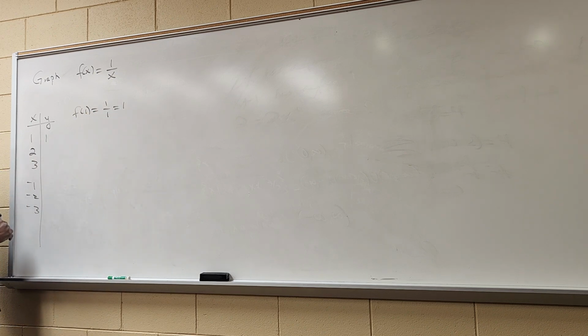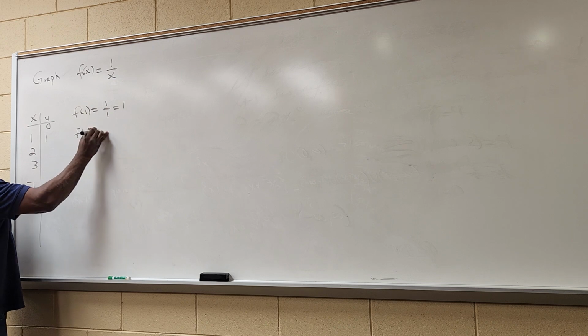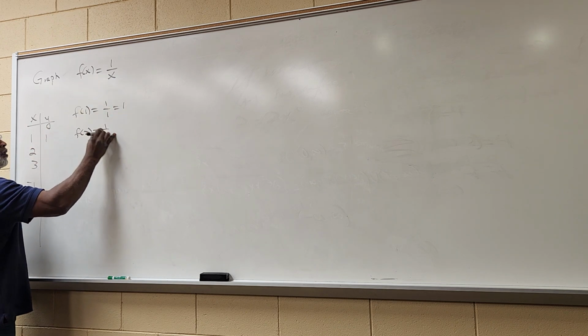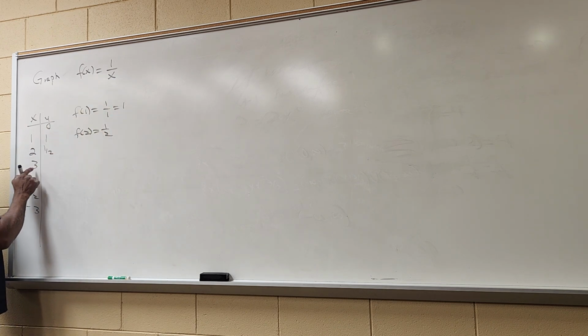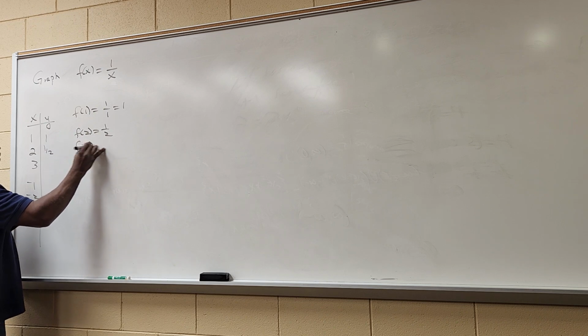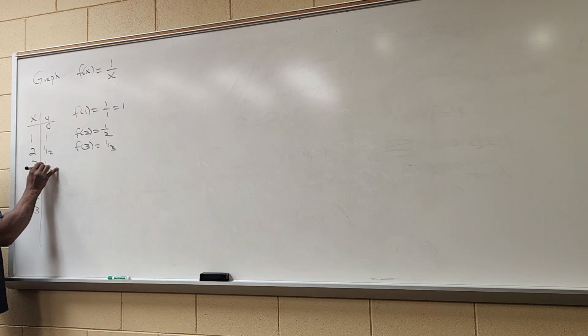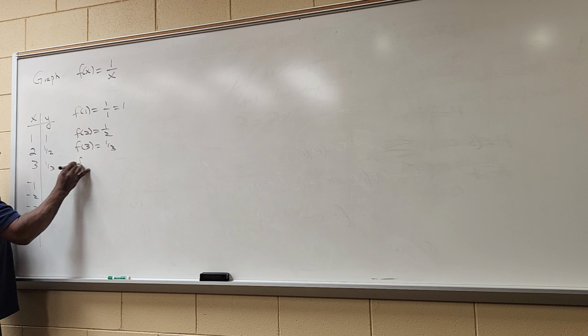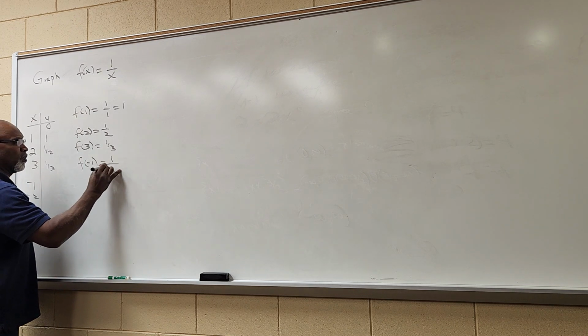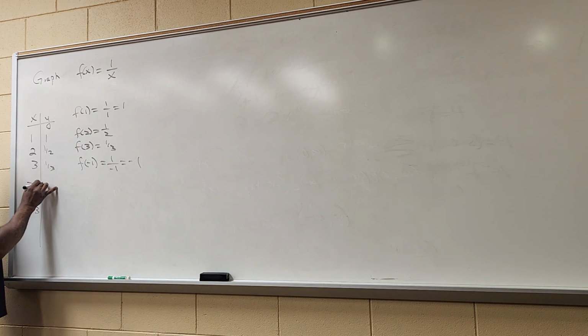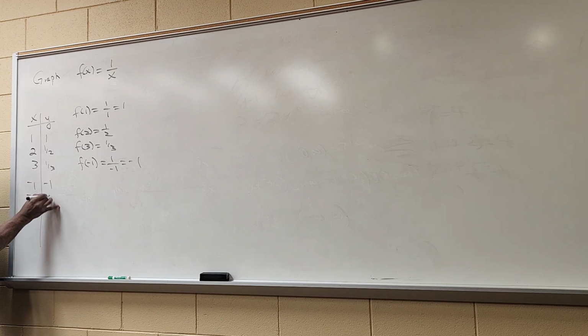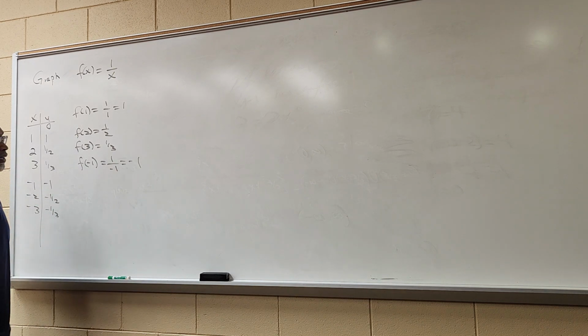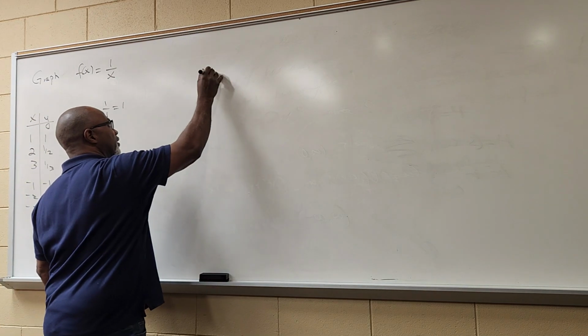So when x is 1, y is 1. If I put a 2 in here, everywhere I had an x, I put a 2. That's 1/2. Put a 3 in here. That'll be 1 over 3, or 1/3. Put a negative 1 in here. That's 1 over negative 1, that's negative 1. Put a negative 2 in here, you get a negative 1/2. Put a negative 3, you get a negative 1/3. So pretty easy to evaluate the function at a given point.